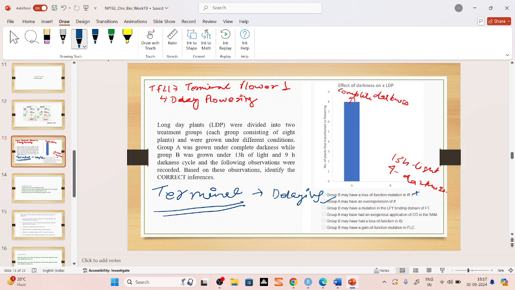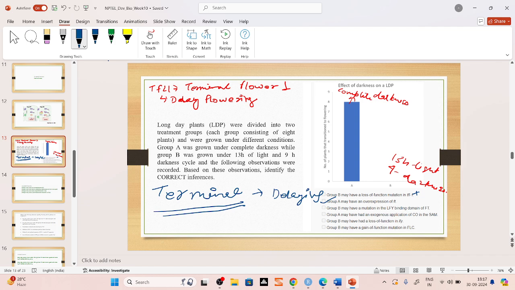Then the next option is group B may have had a mutation in the LFY binding domain of the flowering locus T. So, flowering locus T is a key protein that promotes flowering, as we have just discussed, but it also interacts with the LFY domain to trigger the floral transition phenomena.